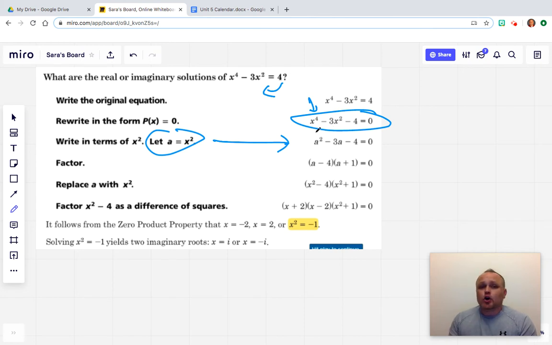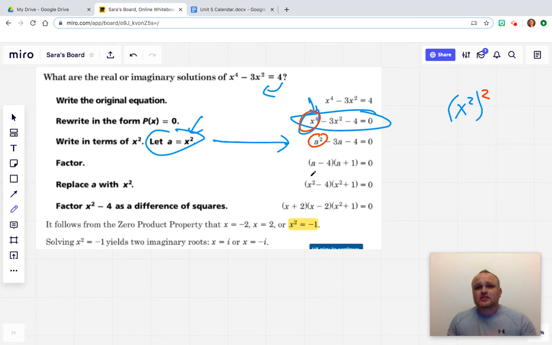Okay? And all they did here is they're saying anywhere that you see an x squared, just let it be a. So this x to the fourth right here, it's like saying x squared is a, and what we're going to do is square a. So if this is a and I square it, this would be x to the fourth.